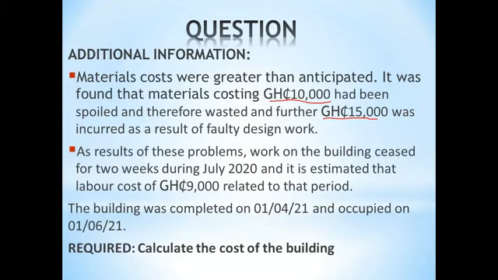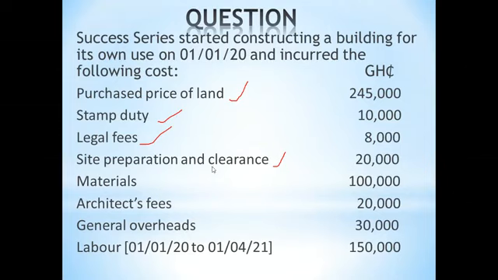Since these items were wasted, we need to exclude them from the materials we have. So when we come back to this question, we pick the 100,000, then we exclude the ones which were faulty and the wasted. We have to exclude them from the materials.